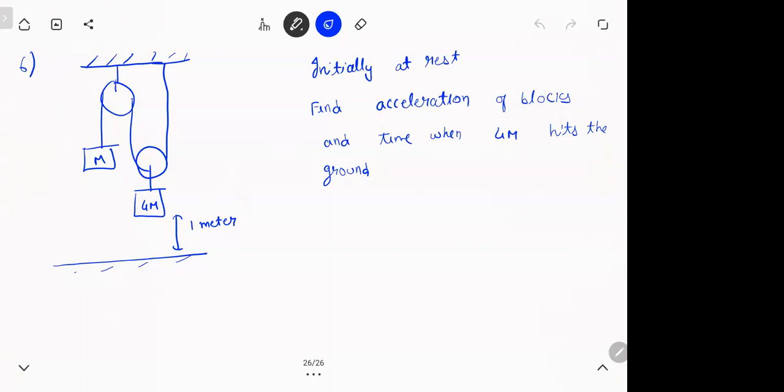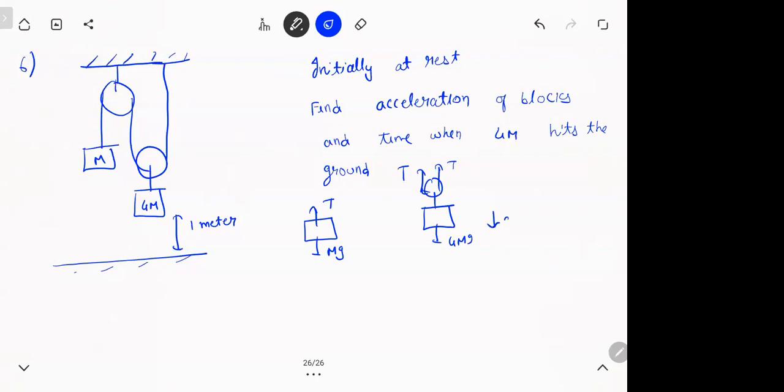Let's see. First step, remember free body diagrams. Draw the FBD. Tension, mg. This is with the pulley, right? So tension, 4mg. Next, define the accelerations.